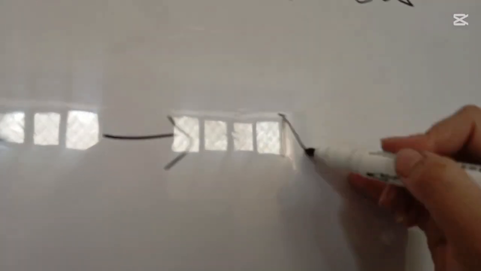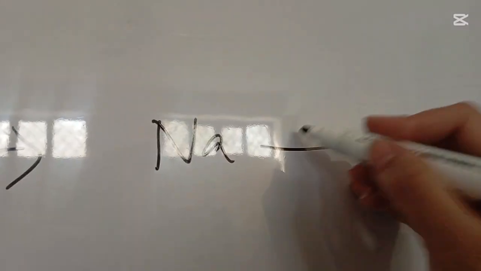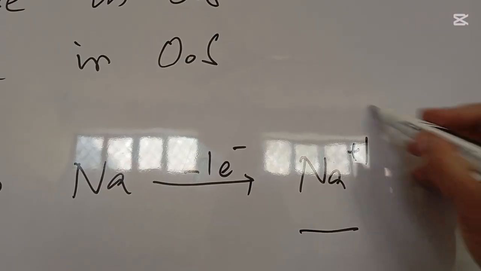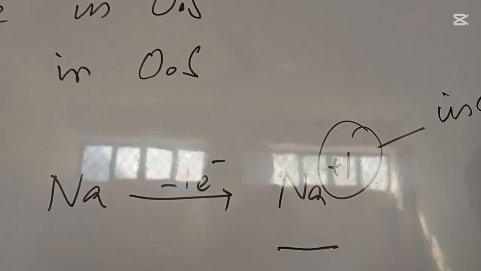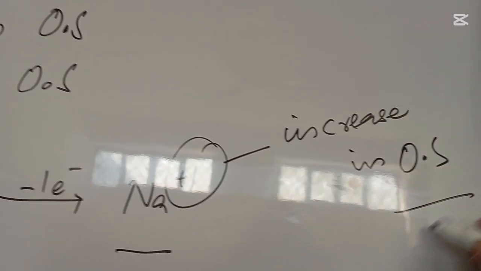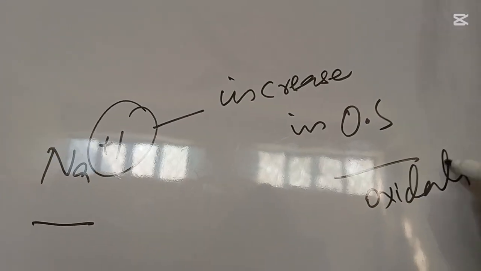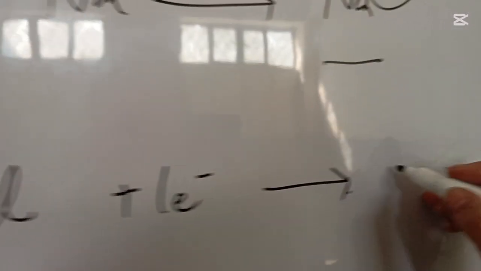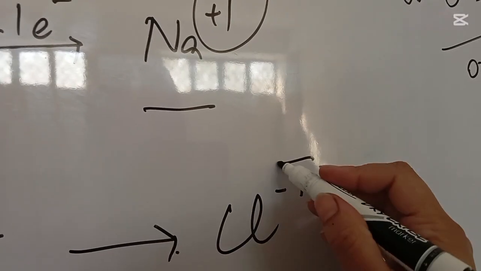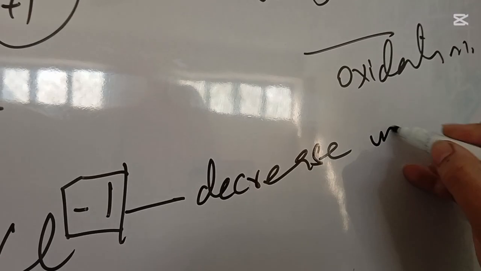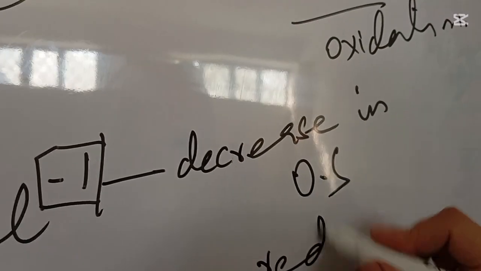When sodium gives away its one electron, it forms a sodium plus ion, and this is an increase in oxidation state. Hence it is an oxidation. Whereas chlorine, when it takes up one electron, forms a chlorine -1 charge, and it is a decrease in oxidation state. Hence this is called reduction.